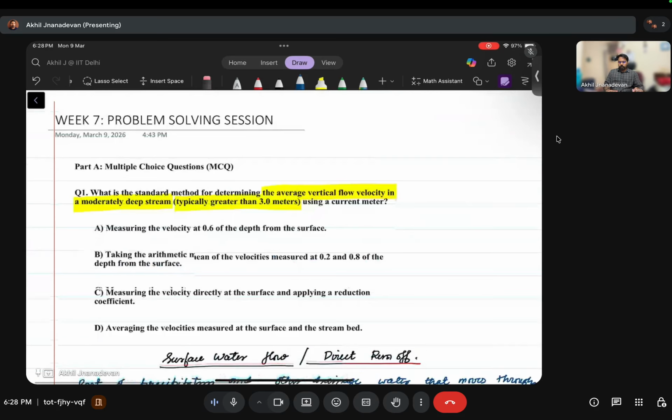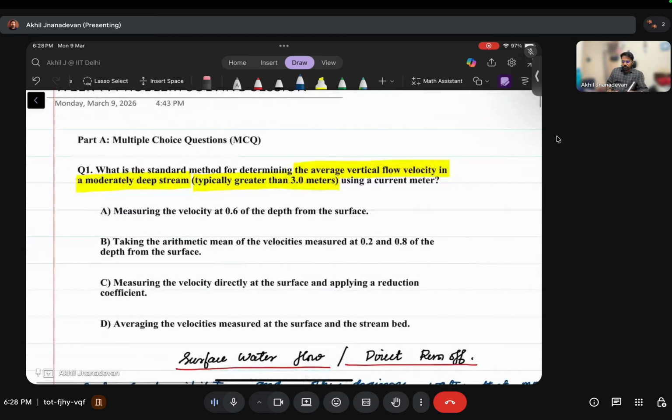So now we can come to our options. In this question, it has been asked about deep streams, typically greater than 3 meters, as given. They are asking to measure the velocity at 0.6 depth from the surface. So whatever the depth I'm saying, that is 0.2 times d or 0.8 times d or 0.6 times d, these all are measured from the surface, okay?